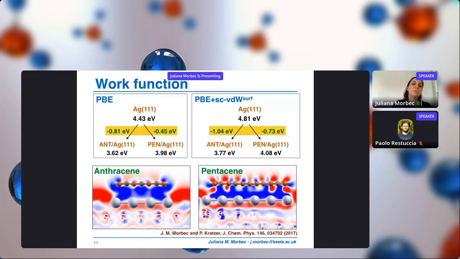So there is accumulation of charge between molecule and surface, while on anthracene you just have depletion of charge, the blue part, so you don't have charge transfer for anthracene. So our conclusion here is that pentacene is more chemically adsorbed on the surface, and this is why the work function has a smaller reduction due to pentacene.